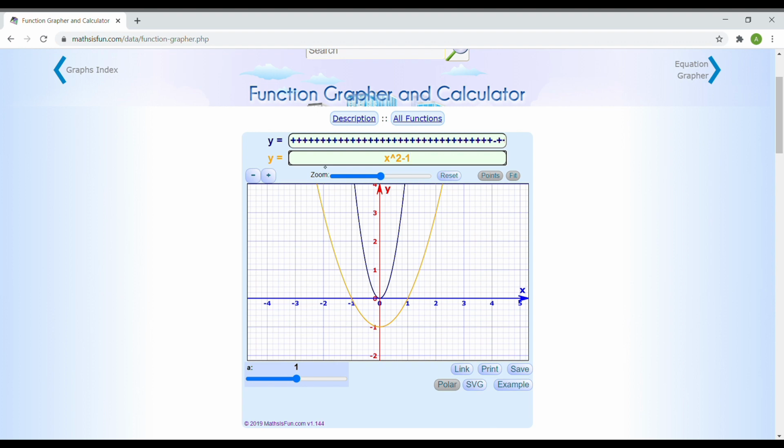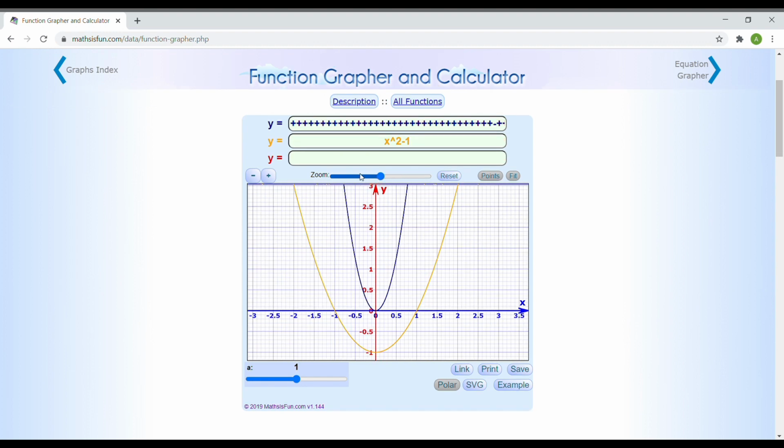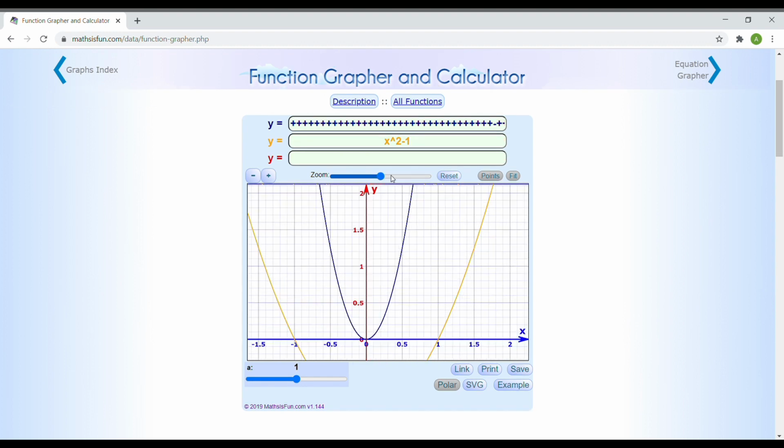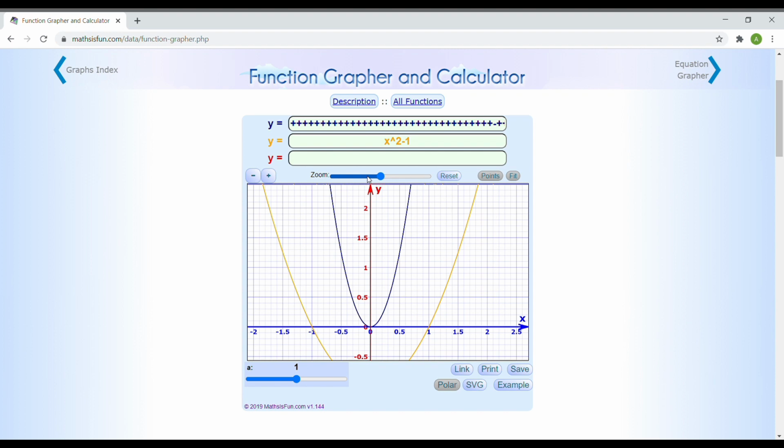If you observe, the coefficient of x² is 1, which is positive. So you can see this yellow color parabola. If you closely observe, this parabola is cutting the x-axis at -1 and 1. What does this mean?